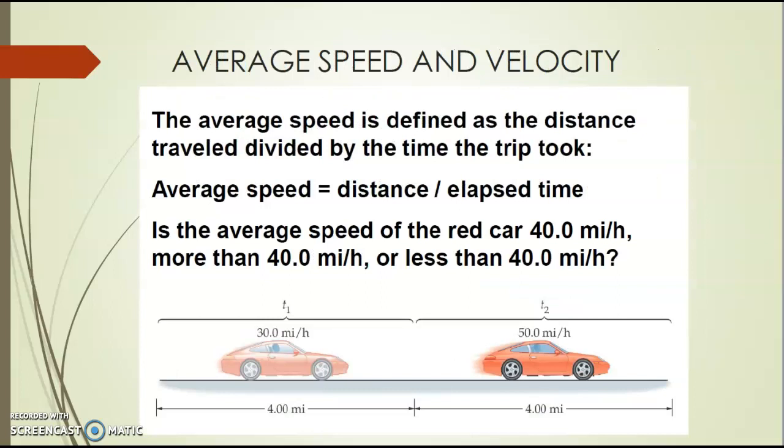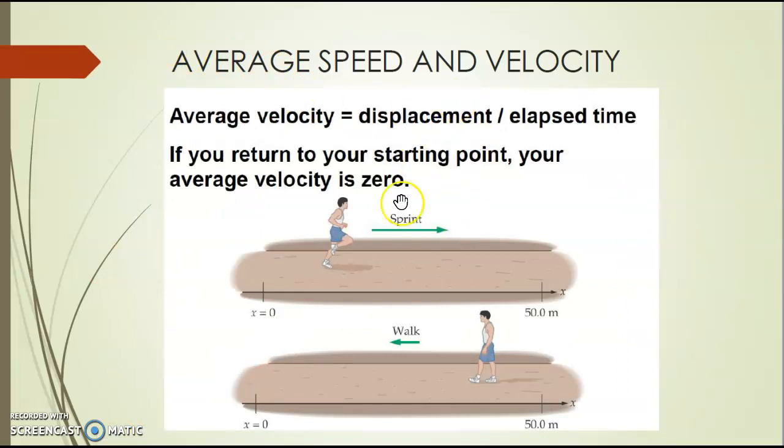Now let's differentiate average speed and velocity. When we say average speed, it is the distance covered over an elapsed time. Okay, so while average velocity is the displacement, therefore we need to put a direction.